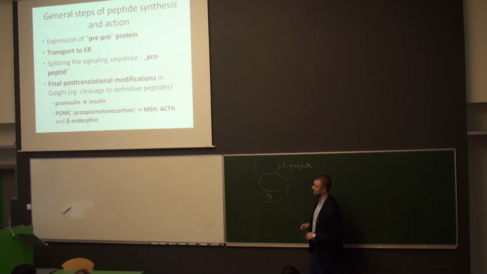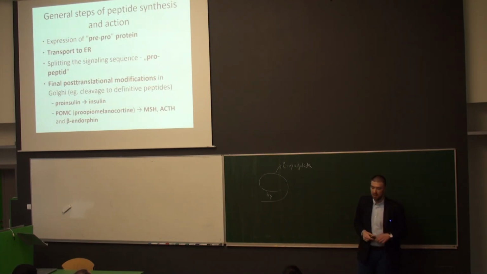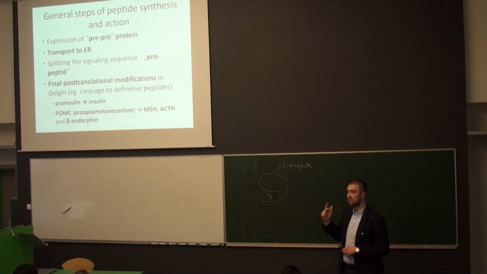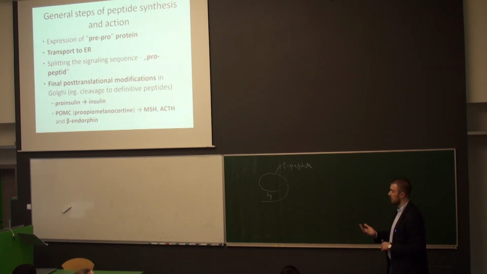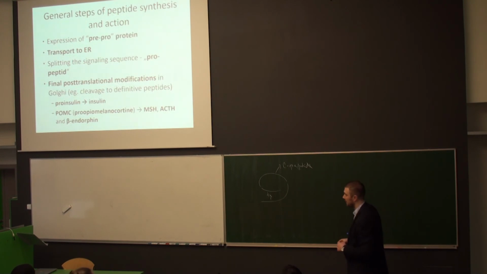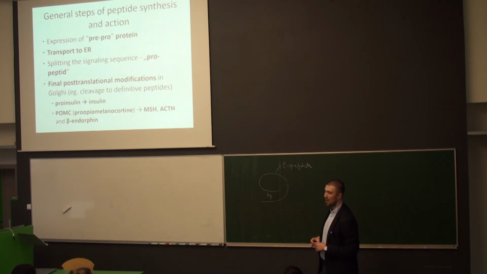What is the second example is the example where 1 precursor peptide gives you different or more active molecules. So this molecule is called pro-opiomelanocortin, abbreviated as POMC, and familiarly it's also called Big Mama, since it gives birth to 3 signaling molecules.